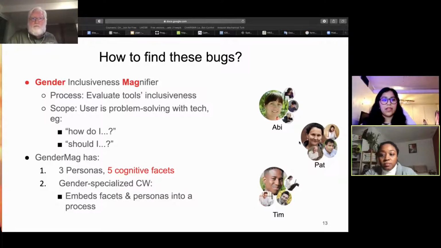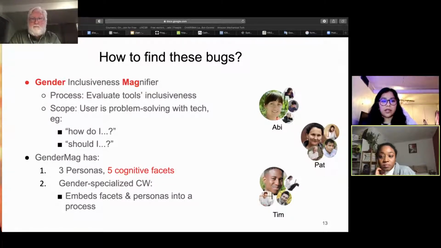And so GenderMag has 3 personas and 5 cognitive facets. So the 3 personas are Abby, Pat, and Tim, which are shown on the right side of the screen. And we'll get into them a little bit more, as well as talk about the 5 facets in some of the later slides.